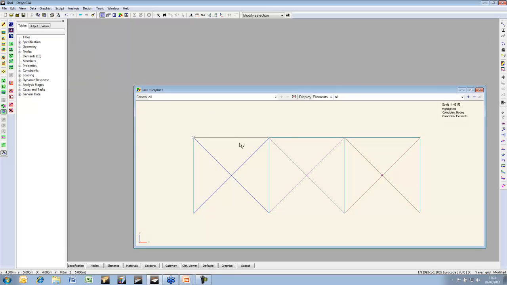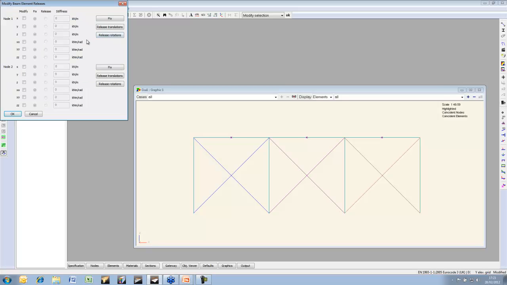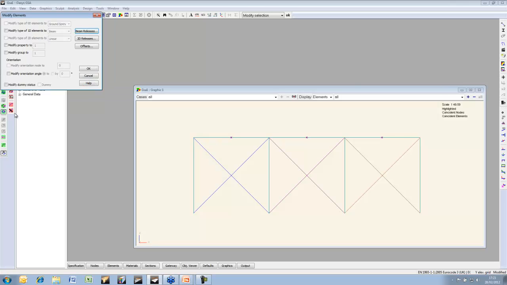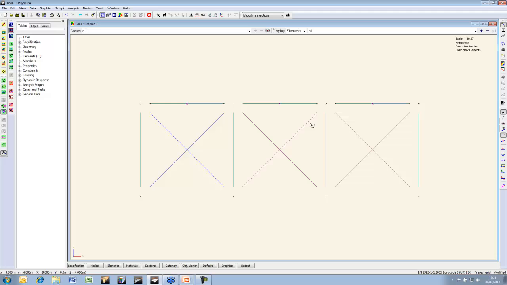I'm also going to modify those 3 elements so that they just have bending releases on them, which you see. So these are pin endings, so you won't get moment traffic. I could set them all to bars, but let's leave them that way for the moment.